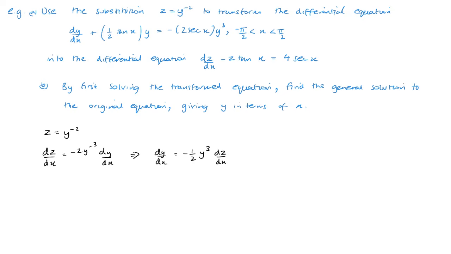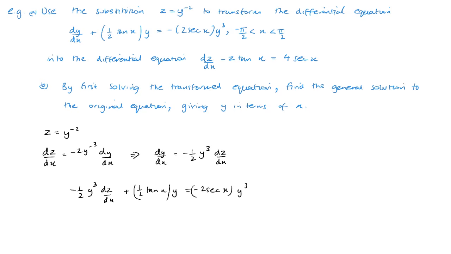Now we substitute in. Instead of dy by dx, we have minus a half y cubed dz by dx. Then we've got a half tan x multiplied by y equals minus 2 sec x y cubed.